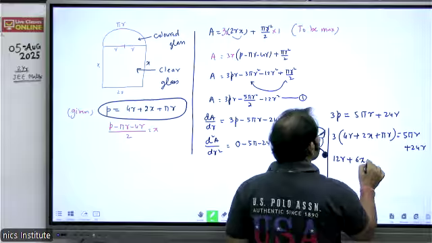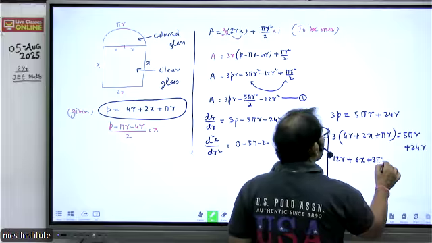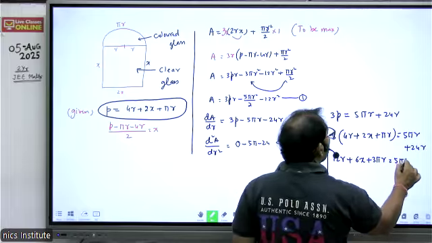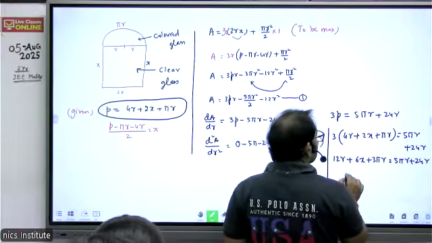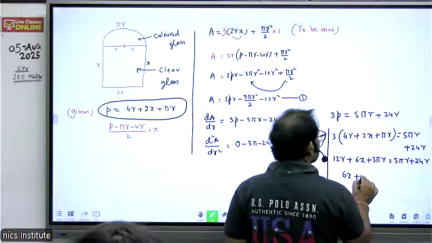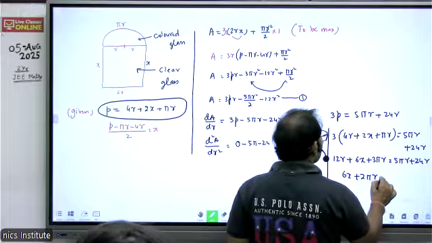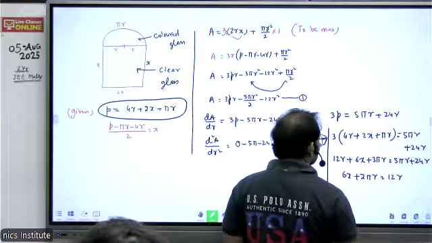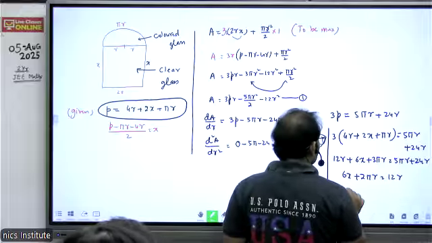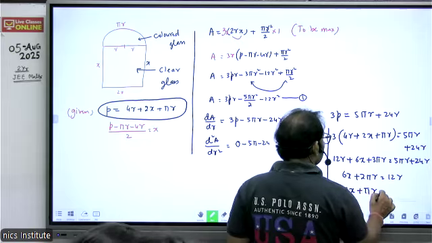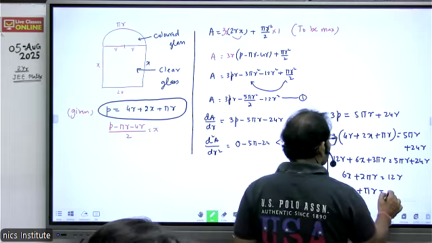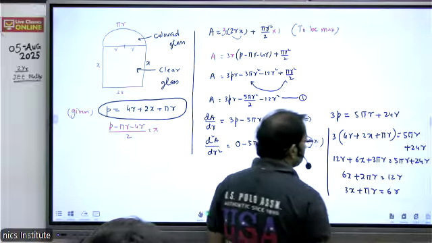12r, 6x, 3 pi r, 5 pi r, 24r. So 6x plus 2 pi r is equal to 12r. So it is 3x plus pi r is equal to 6r.